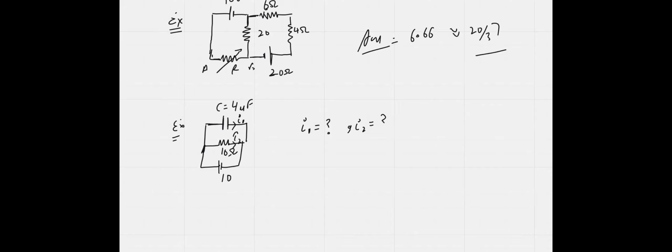Wait, now what is I2? 1. Okay, I2 is fine, Kirtana. What is the potential across these two points and these two points?